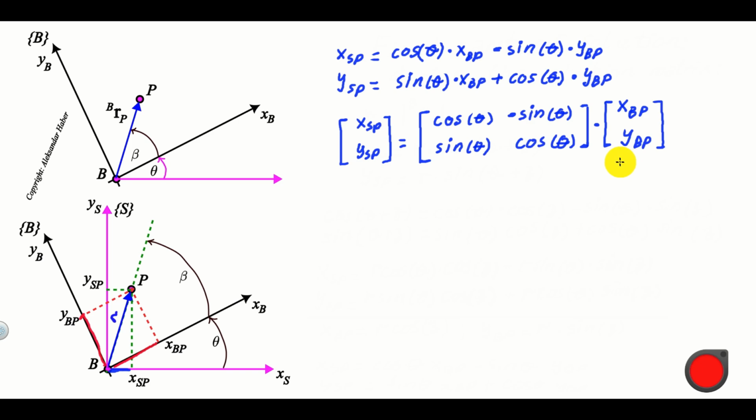Next, it's very important to observe the following. This vector over here is actually our original vector RPB, and let's write it down here, RPB, and we can see that the projections of the vector RPB are expressed in the coordinate system B. This matrix over here is denoted like this, R of the angle theta, and we have this famous notation, B with respect to S. This is the rotation matrix.